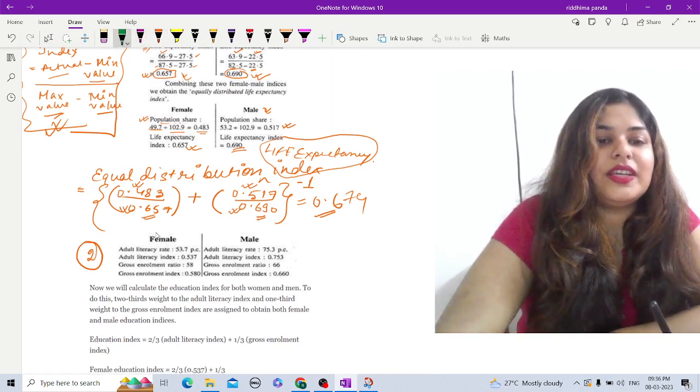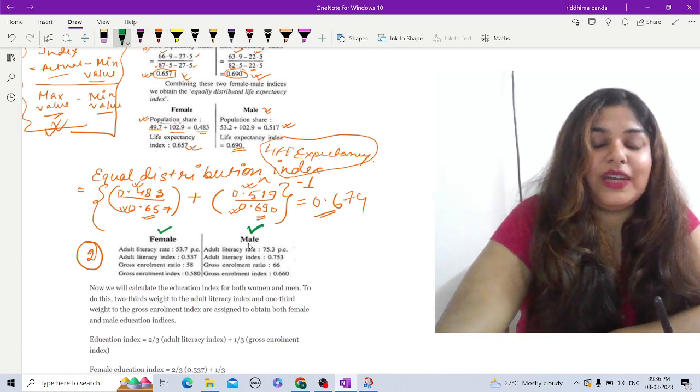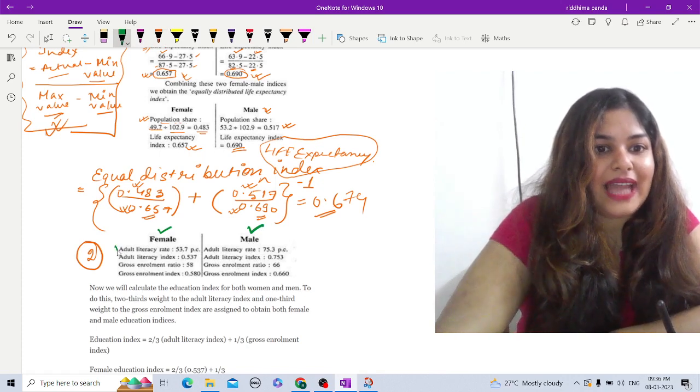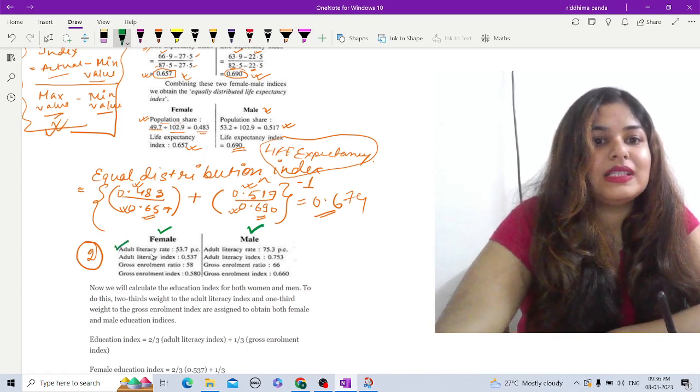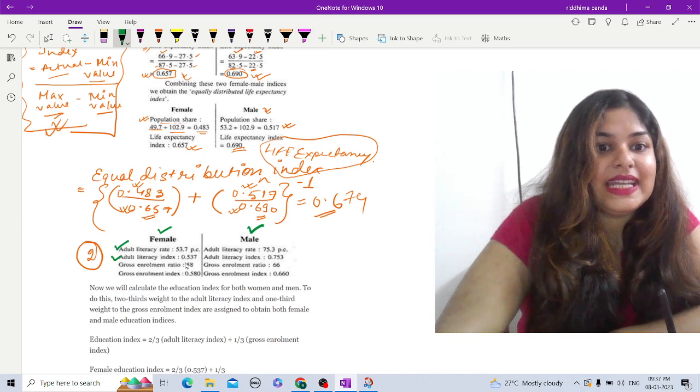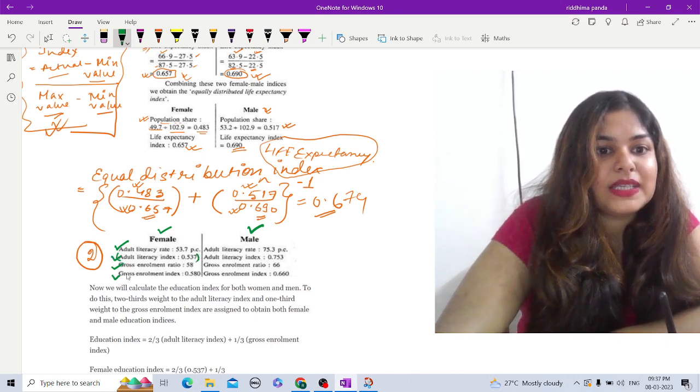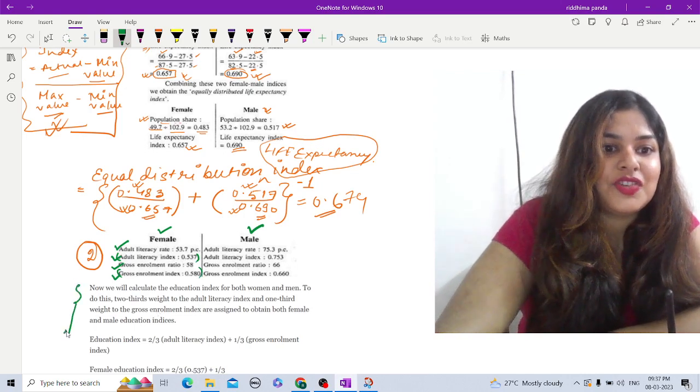Here we have female data and male data. What data do we have? We have adult literacy rate for female and adult literacy index. Similarly, gross enrollment ratio for female and gross enrollment index. Now the question is how these indexes have been calculated, because these are our dimension indexes. To see that, let's check here.